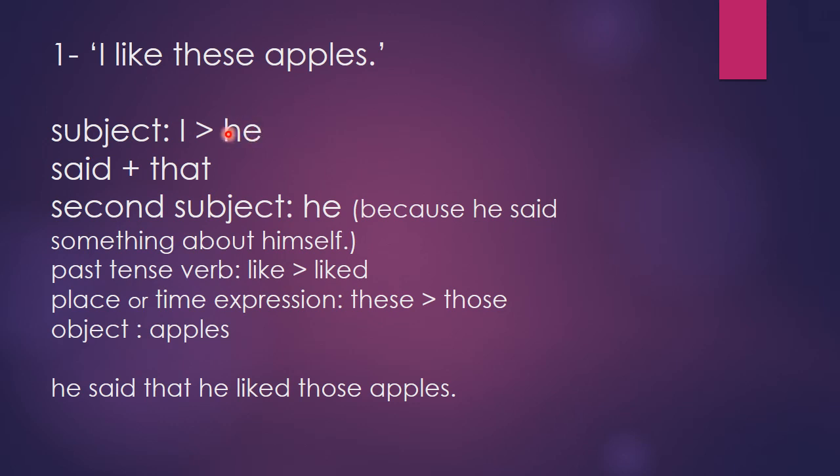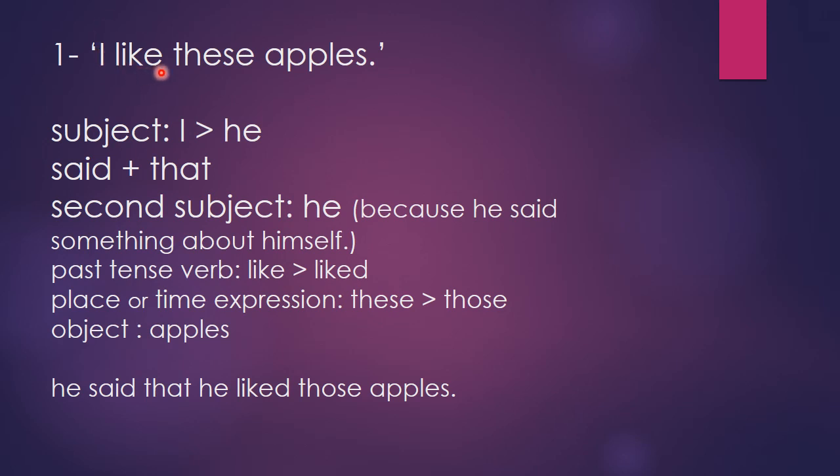We chose he. Then comes said plus that. So, he said that. Then the second subject, which is he. Why did I choose he a second time? Because he said something about himself. So I chose the second subject as he because he was talking about himself.